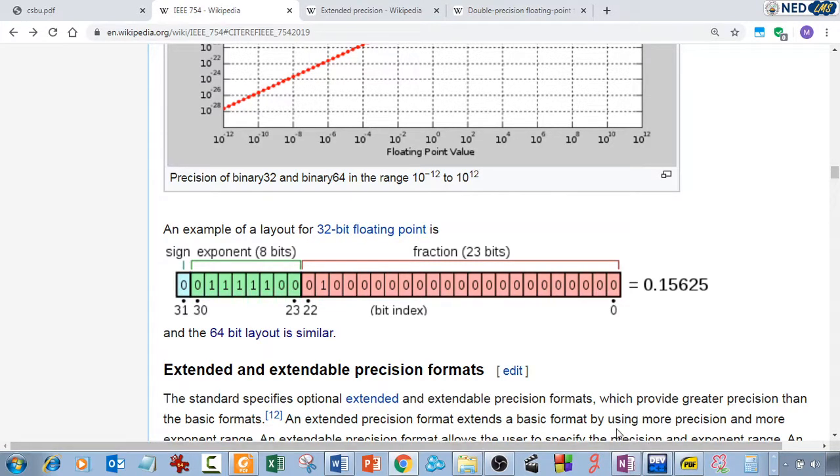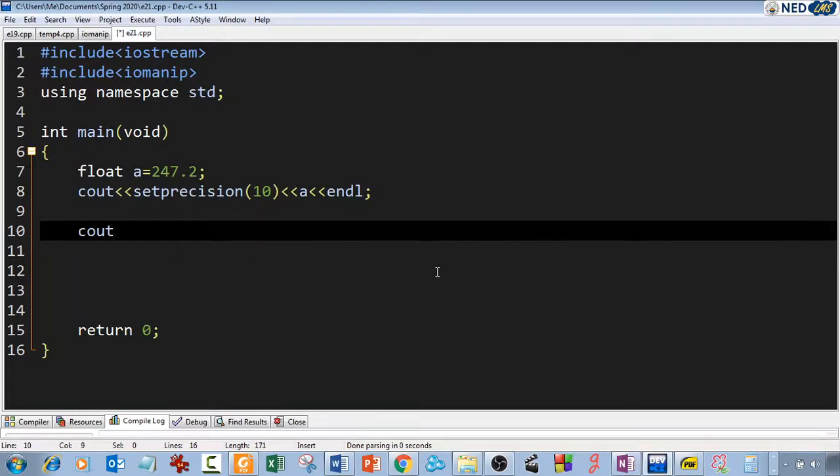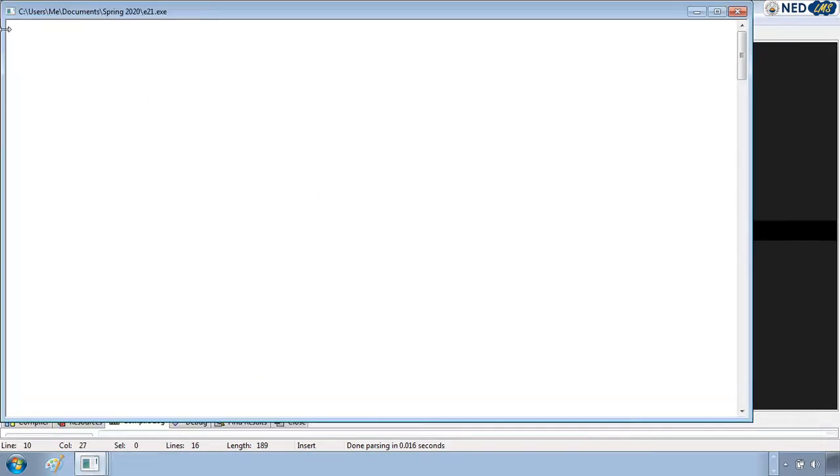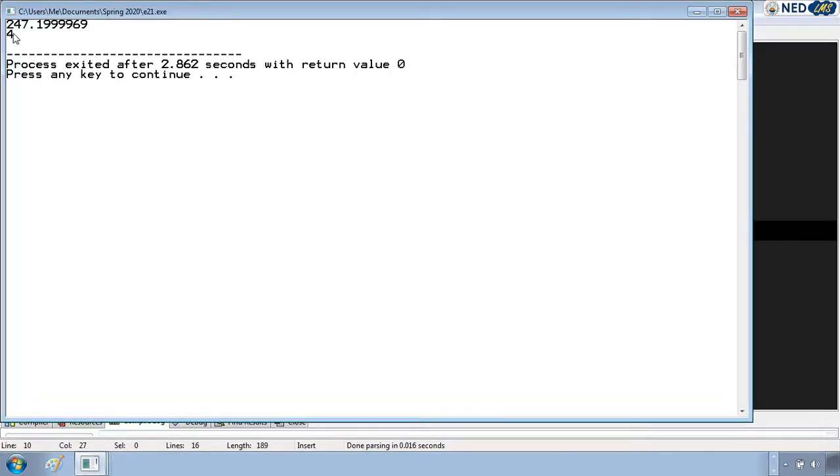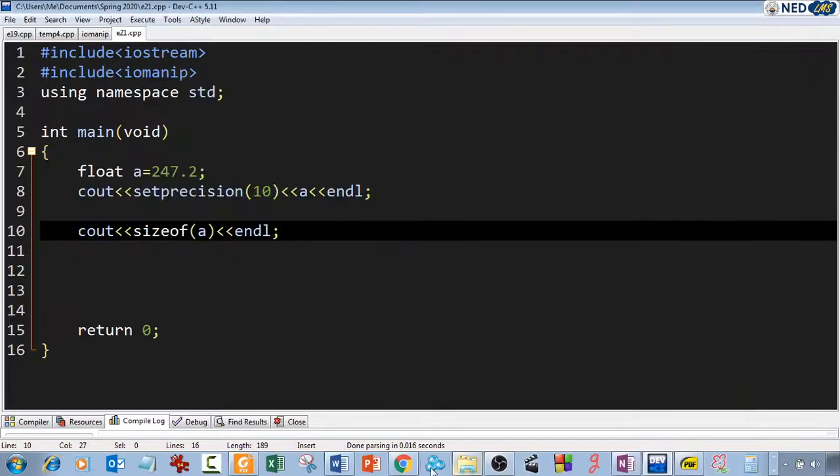Why is it 32-bit? Let's check with the sizeof operator. cout, sizeof a, and then endl, and let's run this. Float is 4 bytes. It means that sizeof a, a float, is a 4-byte number. 4 bytes means 32 bits.